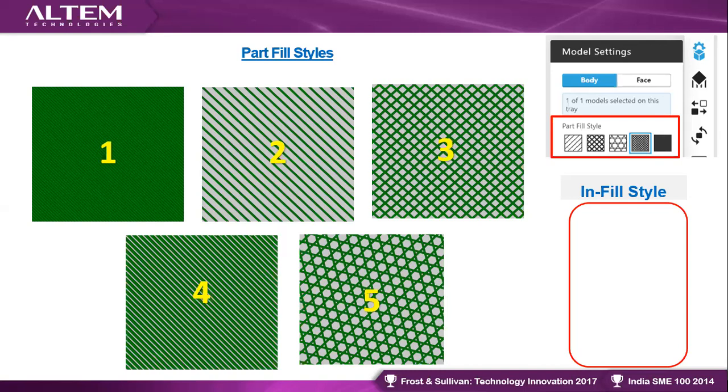Inside of your model, if you are printing a cube, many times you don't want to print a complete solid cube, right? You can fill the inside with maybe a 30% infill, right? So these are the infill designs actually. So I'll go ahead then.